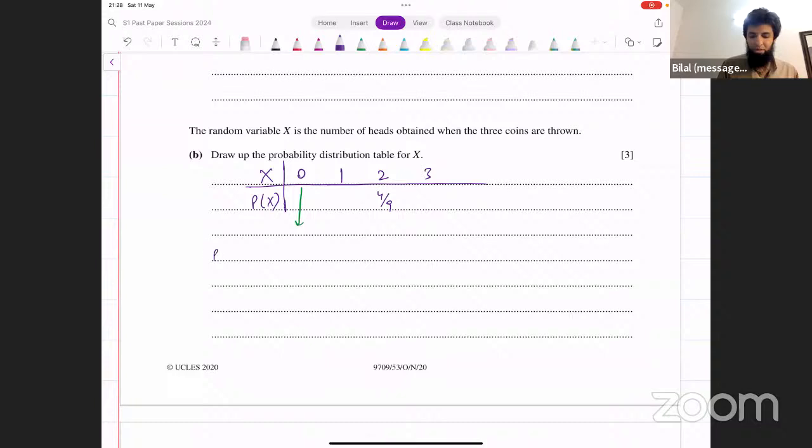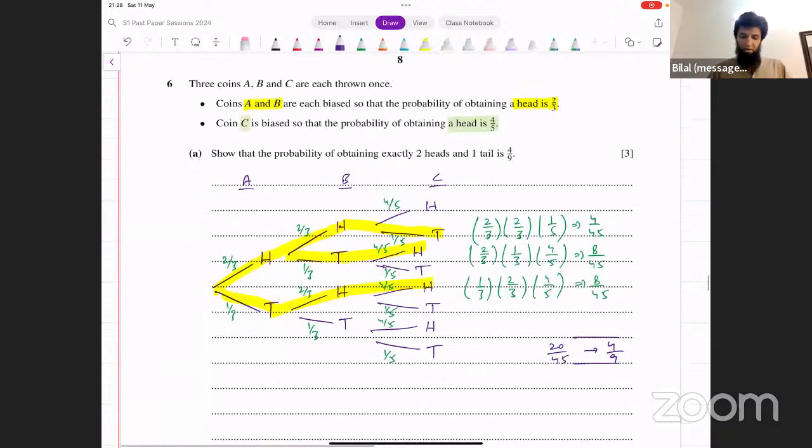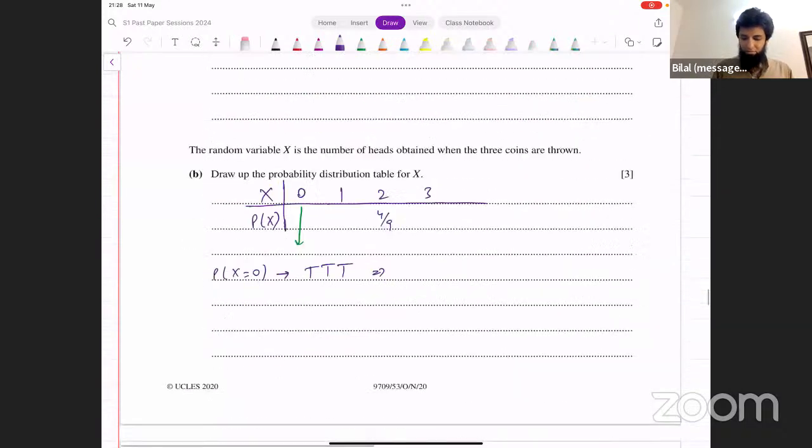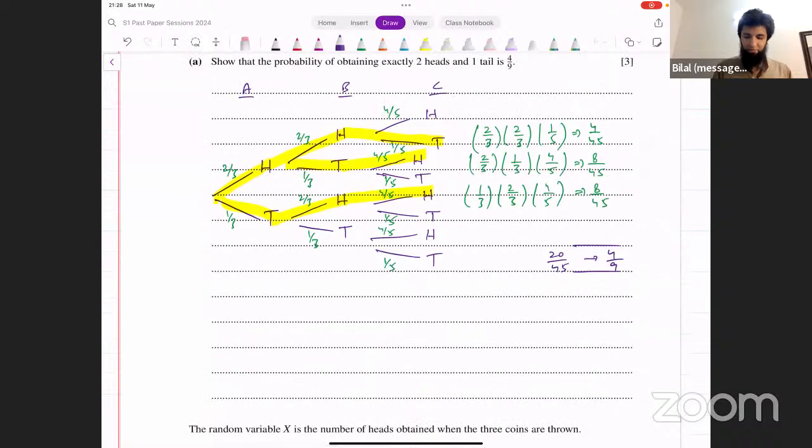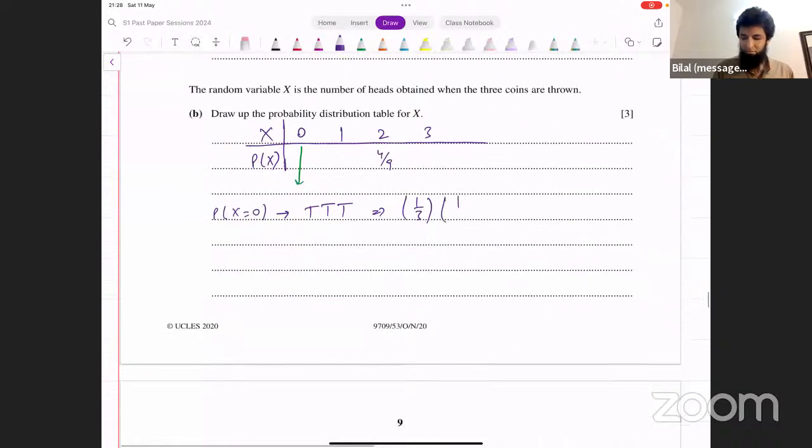So probability of X equals 0 means it's just tail, tail, tail. What's this probability going to be? 1/3, and then 1/3 and 1/5. That's 1/45. So this is 1/45.